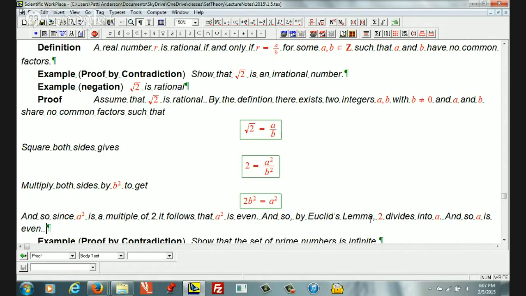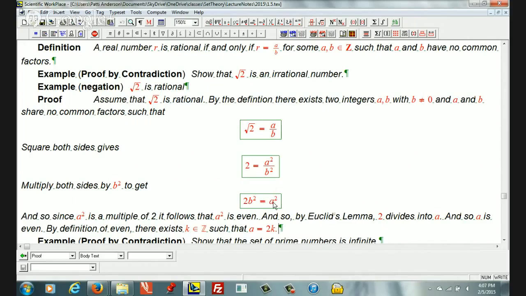So A is even. What does that tell you if you apply the definition of even? I know A has to be 2 times some integer, right? Now we're almost done because we know something about A squared and B squared.